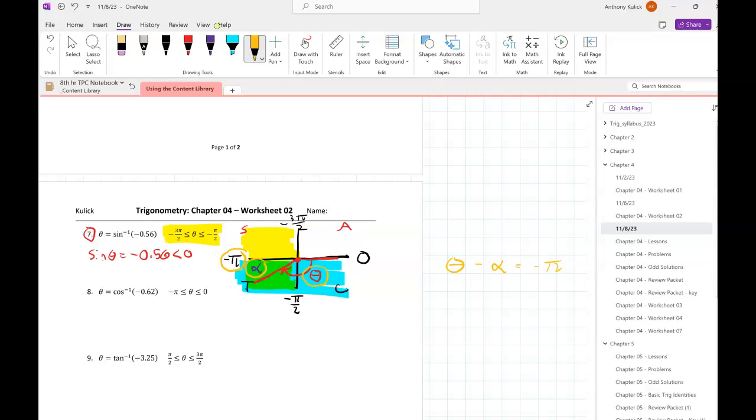Right? Theta's like -1/2, and pi's like -1. So I'd have to subtract another half from it to get to -1, right? So theta here should be -pi plus alpha.